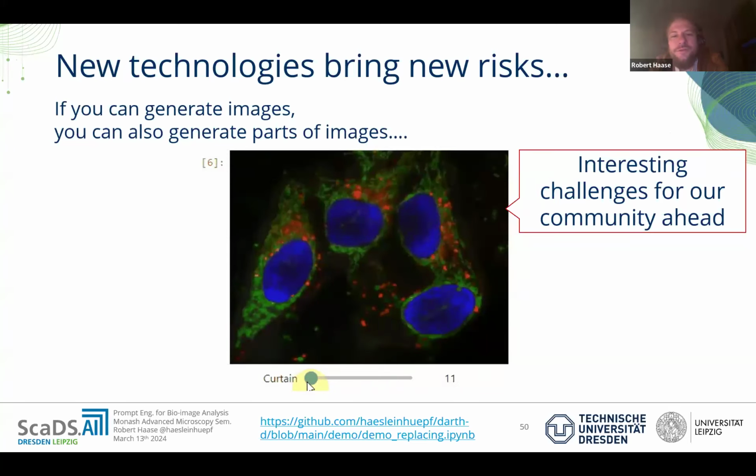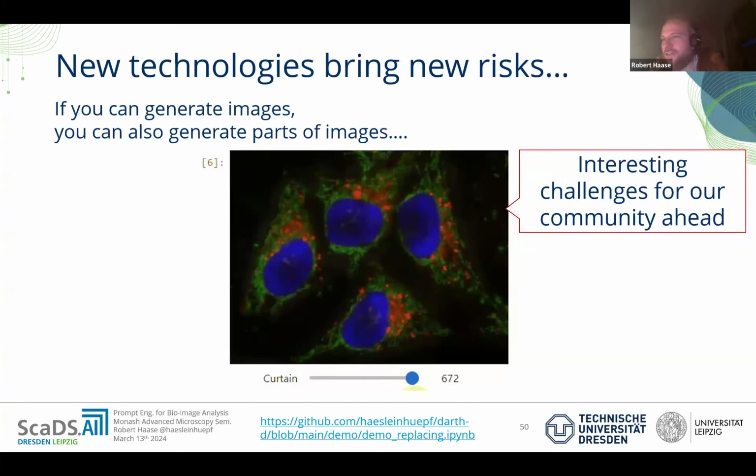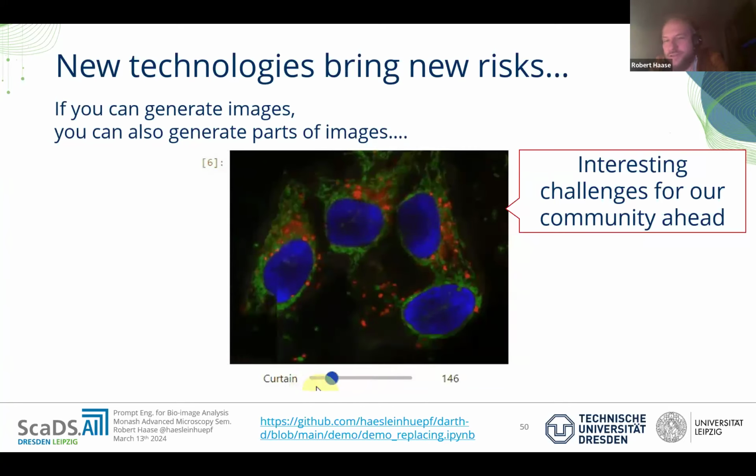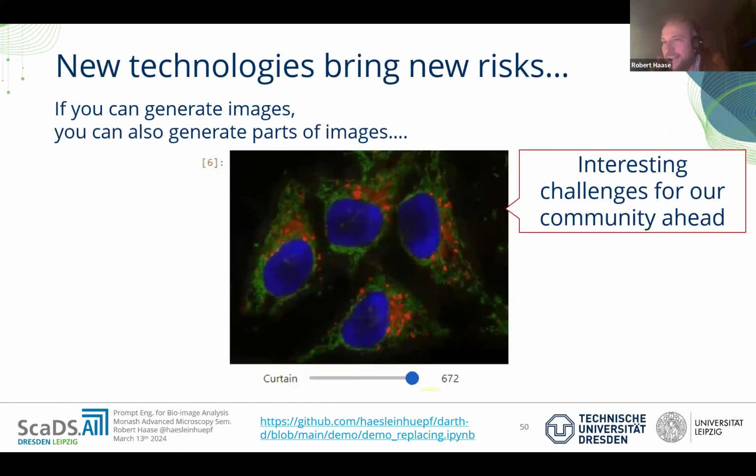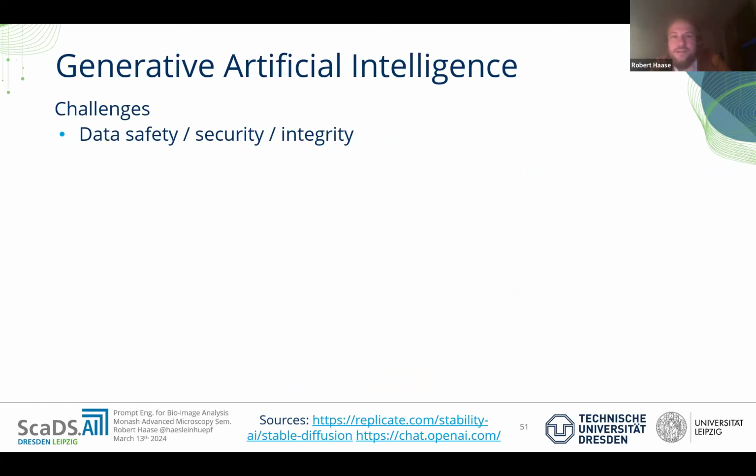If you do this with generative artificial intelligence, you produce a microscope image or just replace one cell by another, it's technically much harder to detect. So here we have to develop new technologies and come up with proper solutions so that we can avoid that people use this in a wrong way. It's kind of dangerous what the technology brings here, but it's often with new technologies that these things happen.